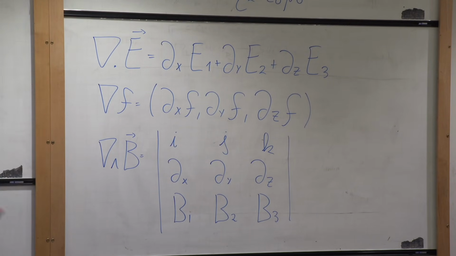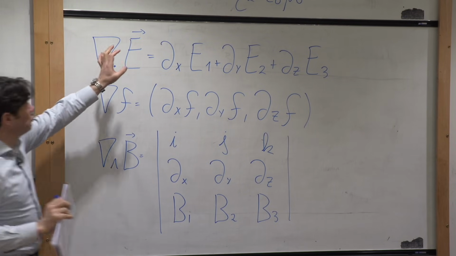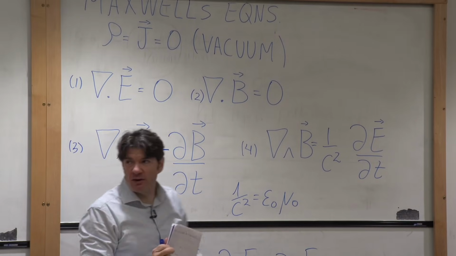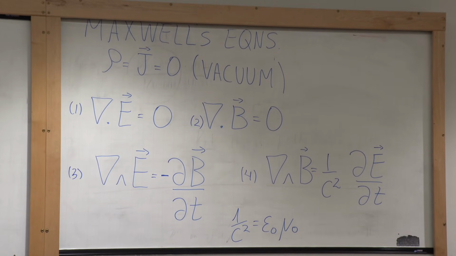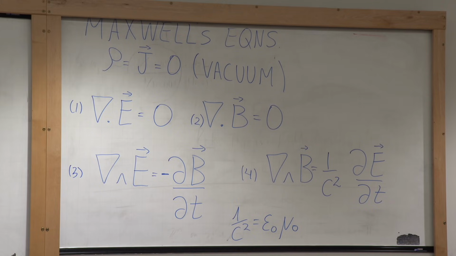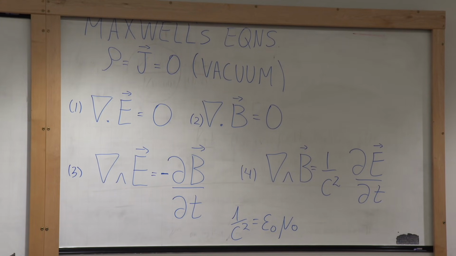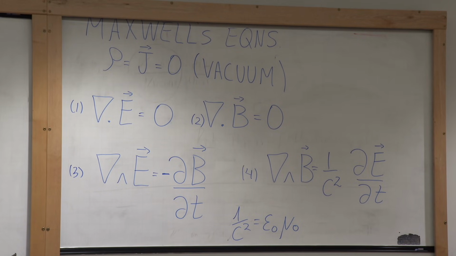Beautiful. So today we will look at solutions to these equations. These E and B are functions of space and time, and we want to find solutions to those equations. In order to do this, we will use the following vector identity.